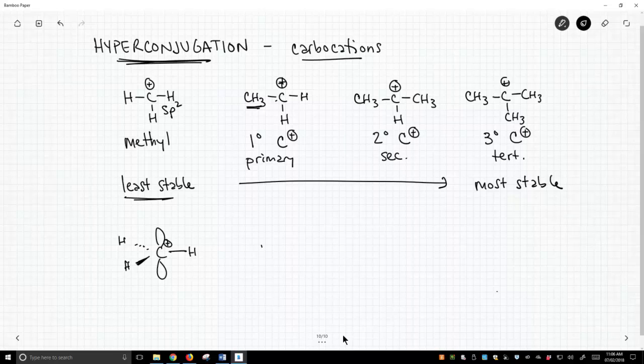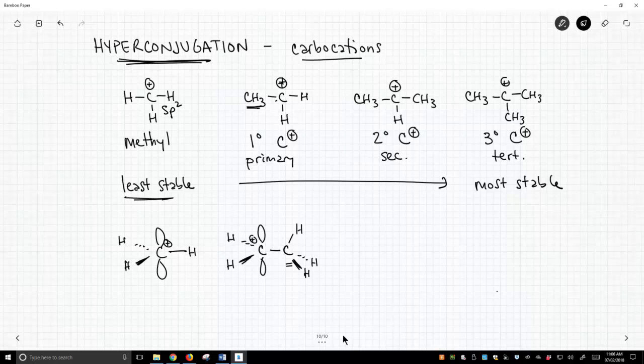As we go to a primary structure, there are a couple different ways to show this. I'm going to select one and stick with it. This is still an sp2 hybridized carbon, but what you find is this added group helps stabilize a positive charge.